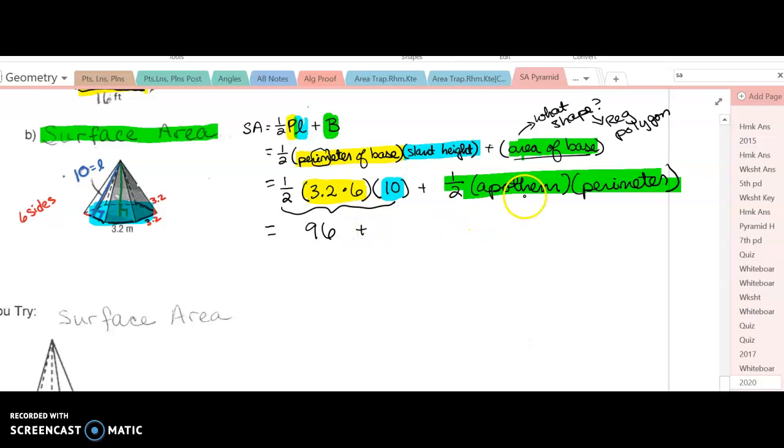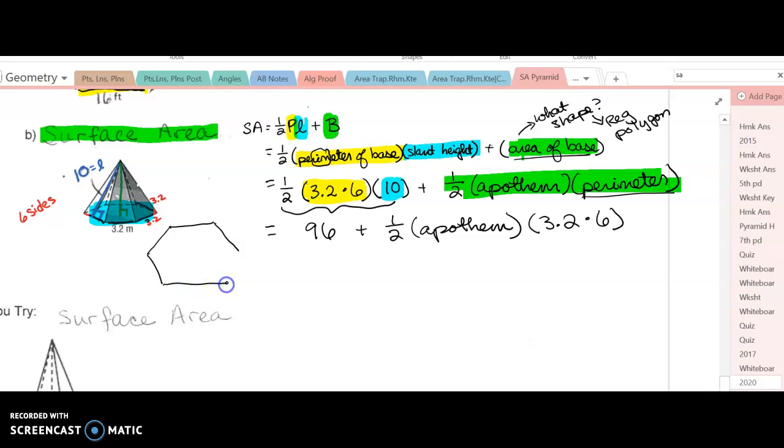Plus, for my area of the base, 1/2, don't know my apothem yet. But what I do know is that my perimeter, we already found that, the perimeter of the hexagon, the perimeter of the base, is 3.2 times 6 sides. So to find that apothem, guys, it's that same hexagon that keeps coming back.